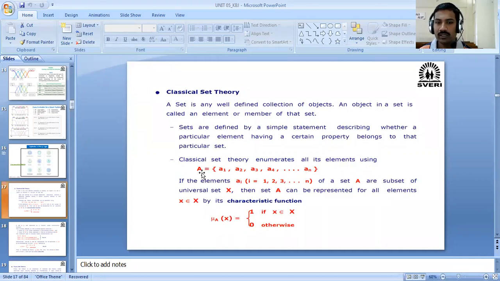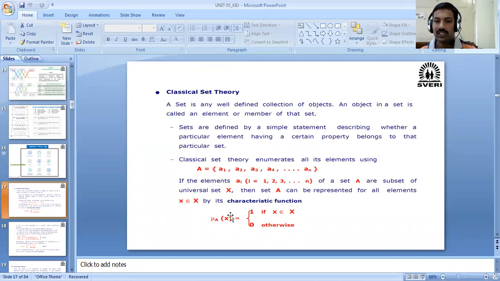We can define A as the cloth, then A1 is the shirt, A2 is the pant, and like that we can define n number of elements. The universal set we define with the help of X, and A is a subset of X.